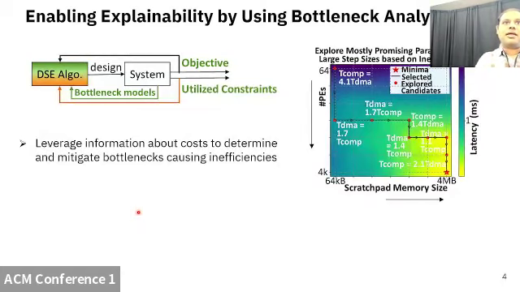So the idea is to use bottleneck analysis or root cause analysis. If I consider this tiny space, and I'm starting with this minimal configuration, which is 64 processing elements and 64 kilobytes of shared buffer. Now, if I evaluate this point as a designer, and I know that my computation time is the challenge, because this is a very tiny accelerator point, then maybe I can try to increase the processing elements.